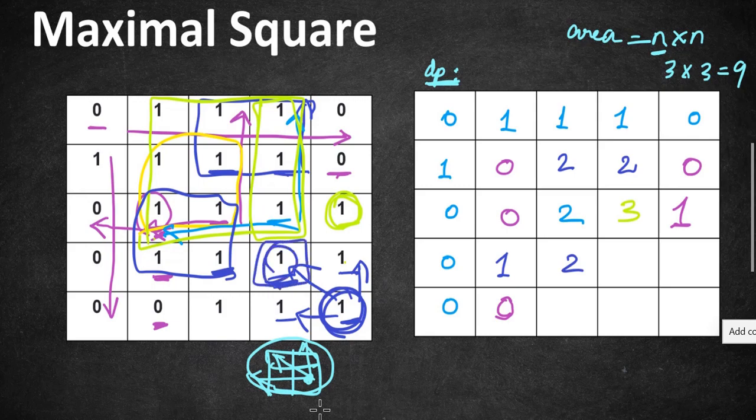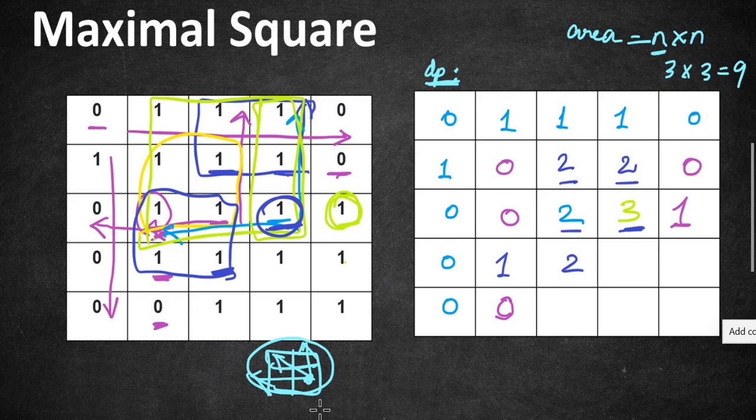So from that subproblem solution you can build your bigger solution. At every position we are picking the minimum value of these 3 positions and adding a 1. Consider this spot where we filled 3. We are at this position, so we have to look at these 3 values, which are 2, 2, 2.